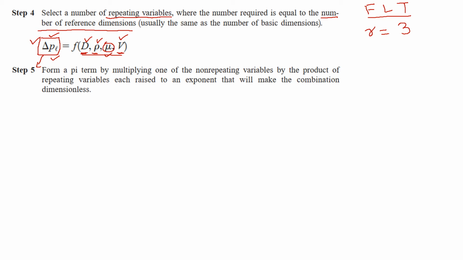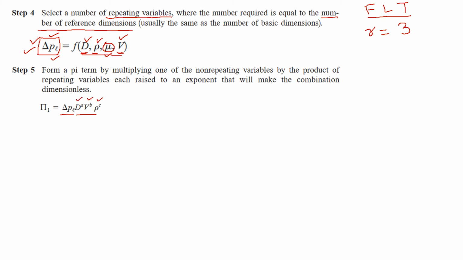In step 5, we will multiply the repeating variables with a non-repeating variable, raise their power to a certain exponent, and then equate them to a dimensionless entity. So what does that mean? Let's form our first pi term by multiplying our non-repeating variable, the pressure drop per unit length, with the repeating variables that we just selected in step 4, that is the diameter, velocity and density.